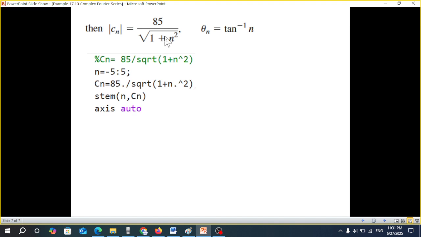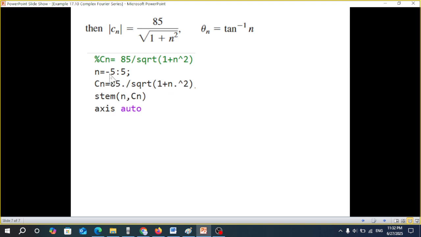For that you can write a simple program in MATLAB. I have another video where I have actually done this to show you. I'll give you the link, you can follow. So this is the command which will not be executed. This is just for our reference. Then we have taken the range minus 5 to 5. Then we have defined Cn from here, 85 divided by square root of 1 plus n square.